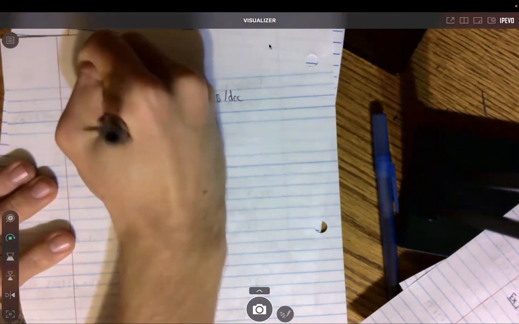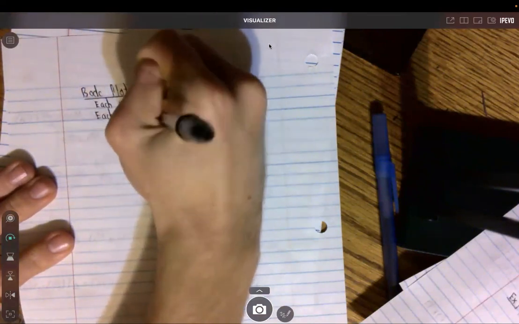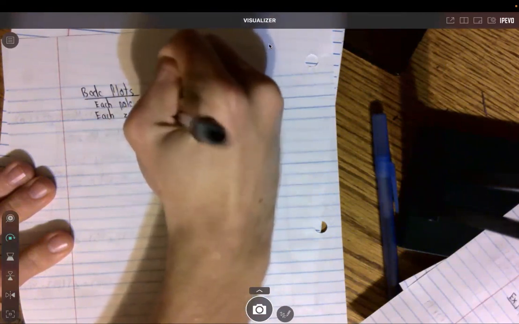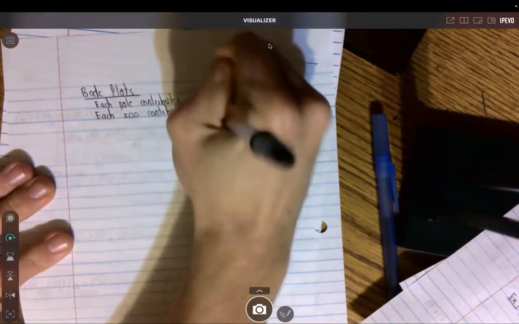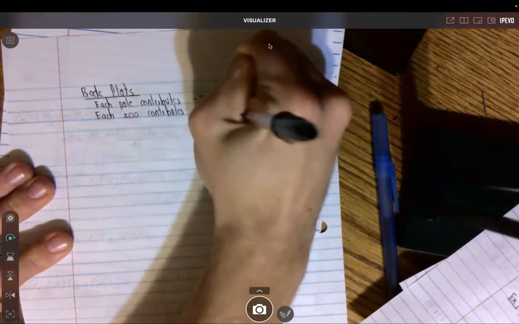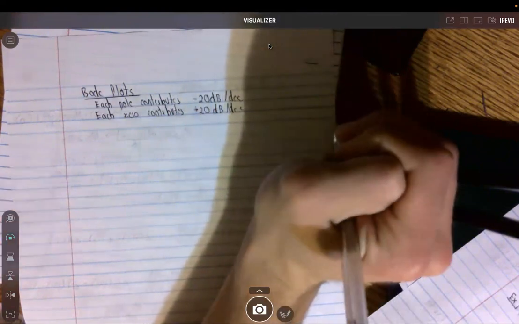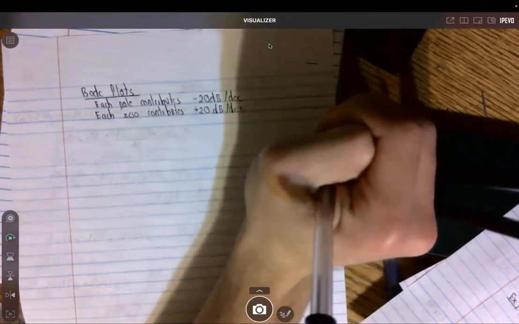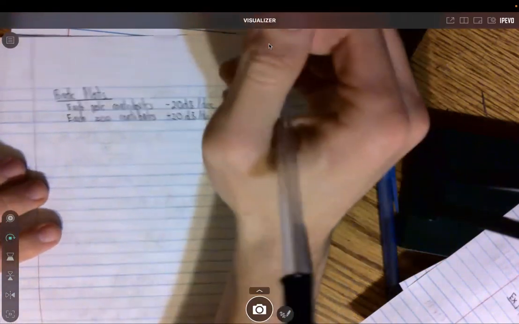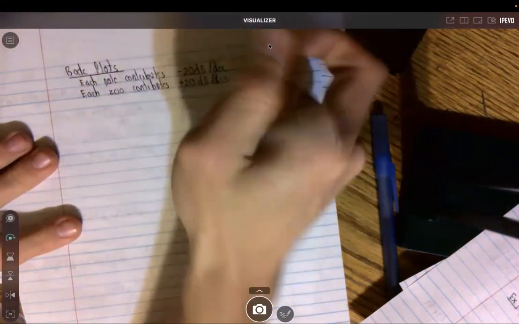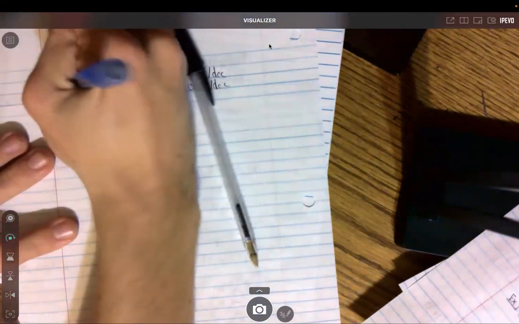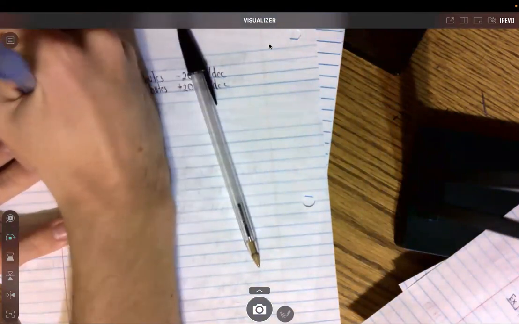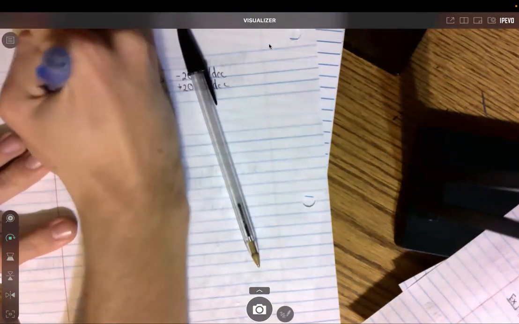Each zero, though, contributes +20 decibels per decade. Just know that the zero is the opposite effect of the pole. And this is for the magnitude plot, so this is for your 20 log of G of J omega plot.